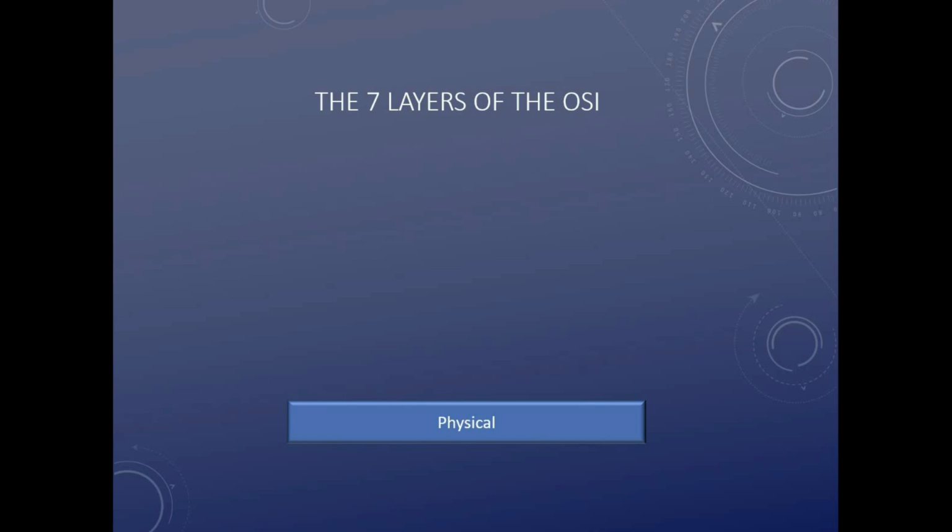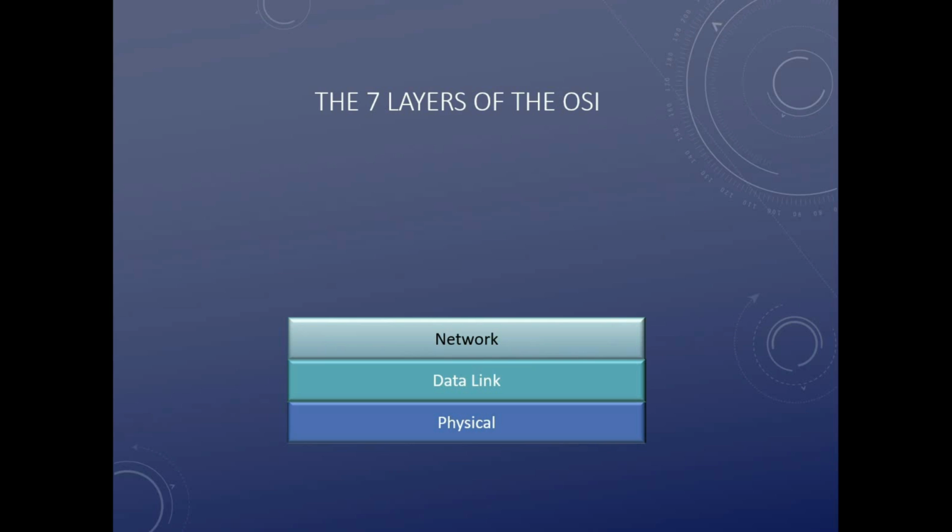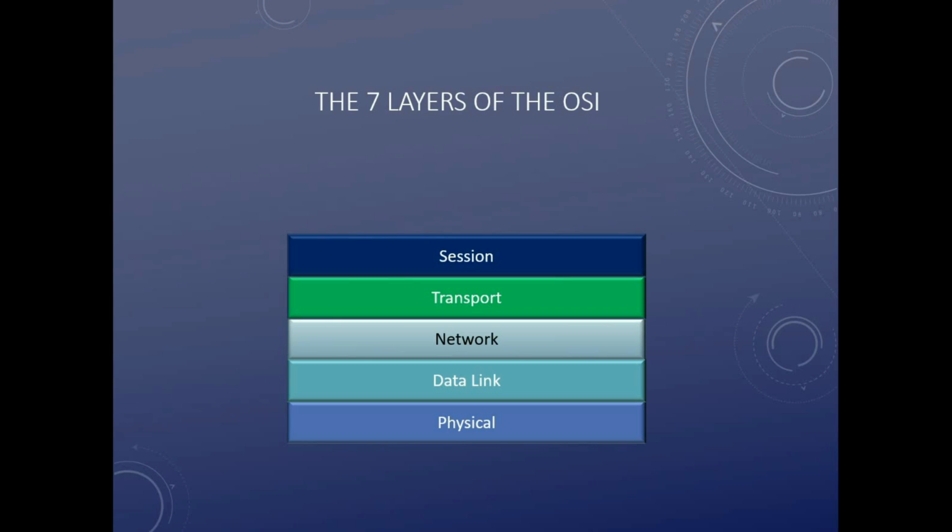First layer is going to be your physical layer. Then we go into our data link layer. Then we have our network layer, our transport layer, our session layer, our presentation layer, and finally our application layer.